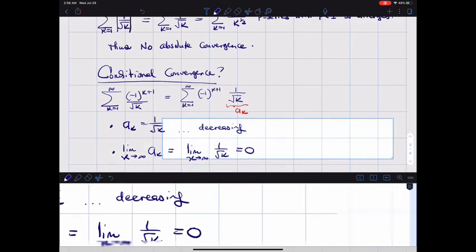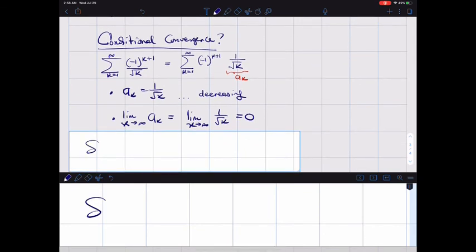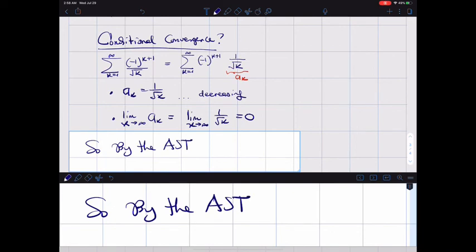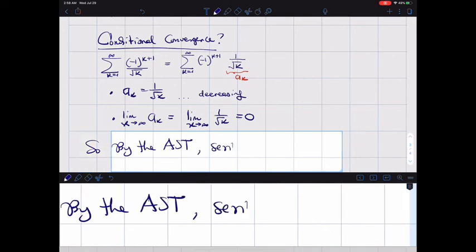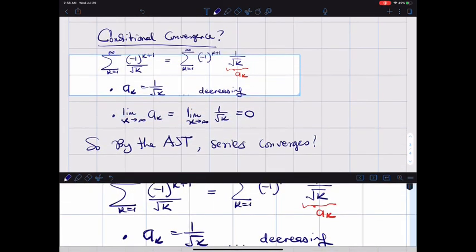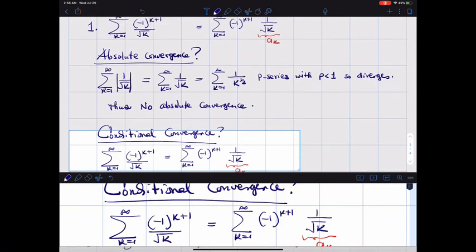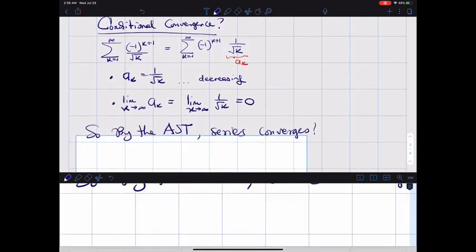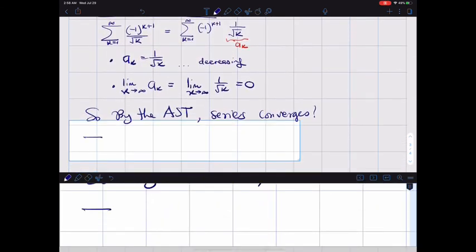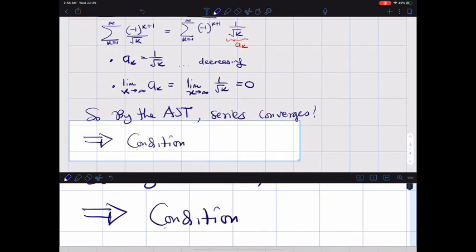So we can conclude by the alternating series test that our series converges. Since this series converges but it doesn't converge absolutely, we can now conclude that it's conditional convergence.